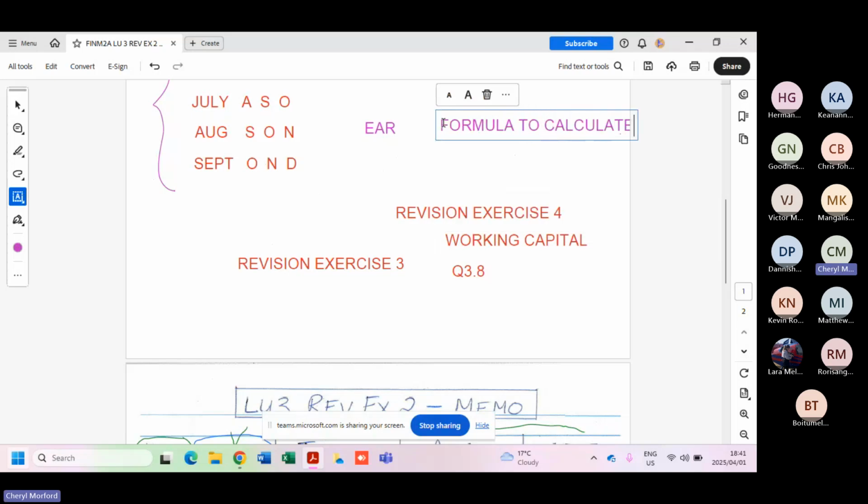So how you would change a nominal interest rate into an effective annual rate. In the task, it will be easy because you have your textbook. You're just going to use the formula, plug in the numbers and solve. Okay, so that is not difficult.